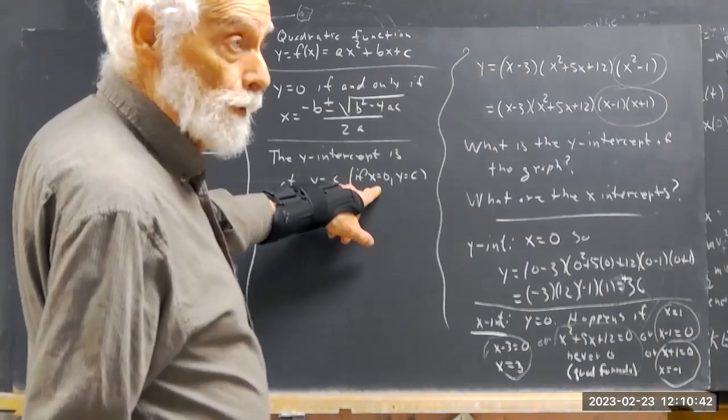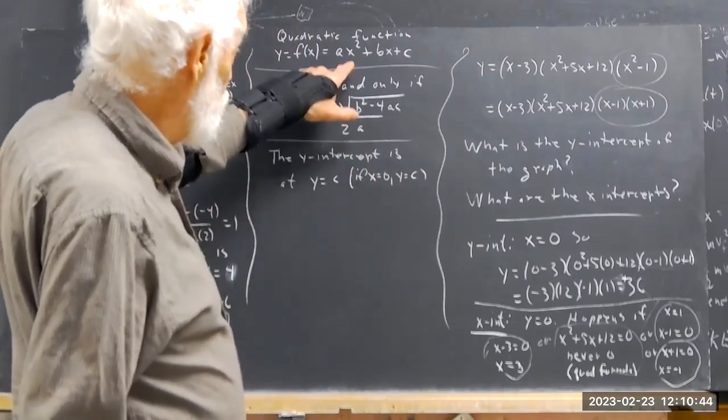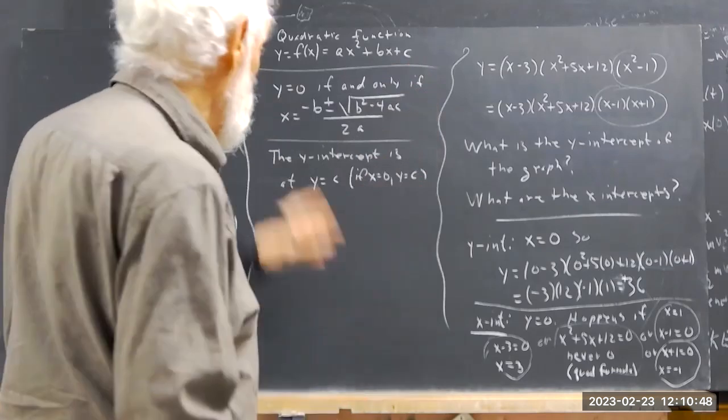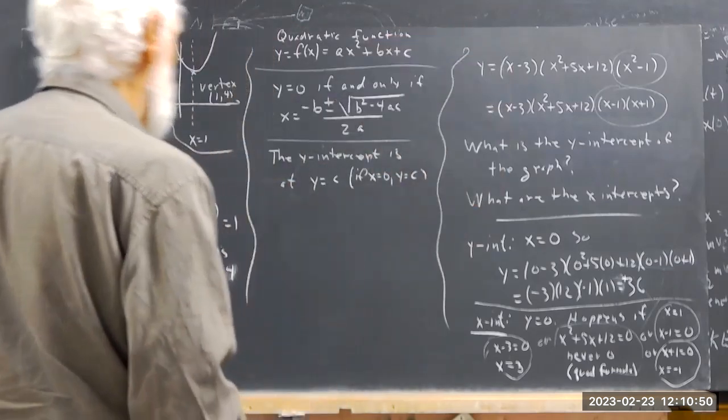Because the y-intercept occurs when x equals 0, and if x equals 0, this is 0, and this is 0, and you're left with c. So whatever numbers are in here, that's going to be it.